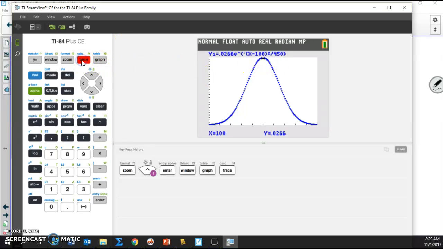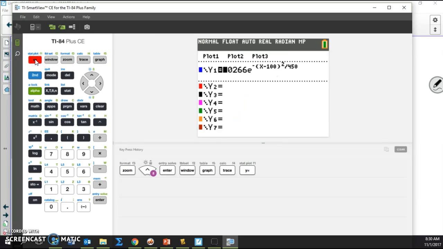So we could use our trace function, where at x equals 100, for some reason it jumped right to it, you can see it right up there, x equals 100 would be our average IQ for the adults in this problem with this distribution. So that's how we're going to use our graphing utility, keeping in mind raising to this power, you need everything in parentheses if it's being squared, and making sure that you're still exponentiating when you put in that division part.